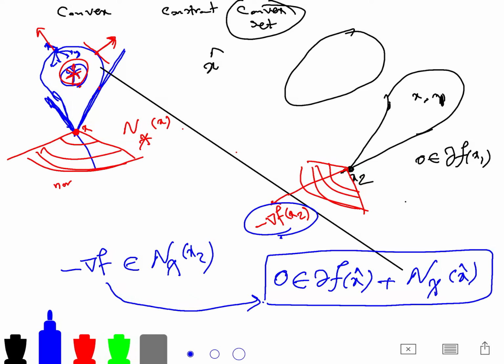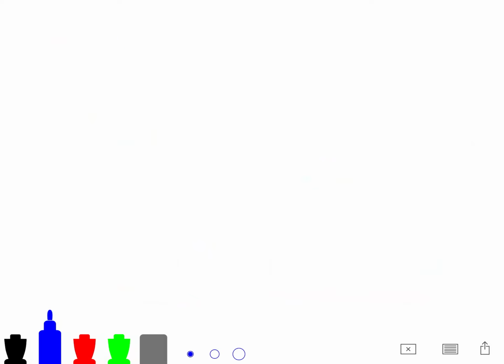And I want to show you the concept of projection. For example, we want to minimize some function, but this time, let's say you want to minimize one half the Euclidean distance between x and y, subject to x being in a convex set.